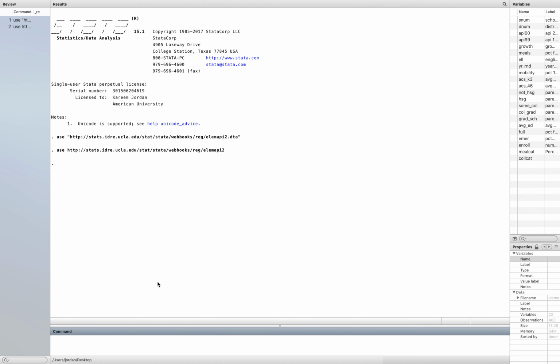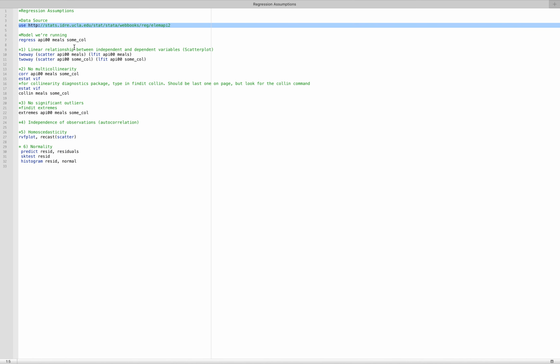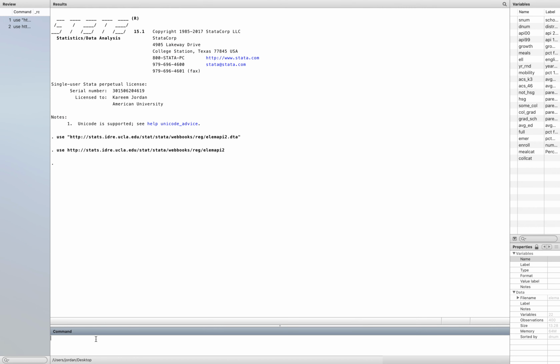So, the first thing that we're going to do once you get your data, I already put it in here, as you can see, but if I'm putting it in again, you put in the use command, then the website for the data, and if you then hit return, you'll see the data comes up.